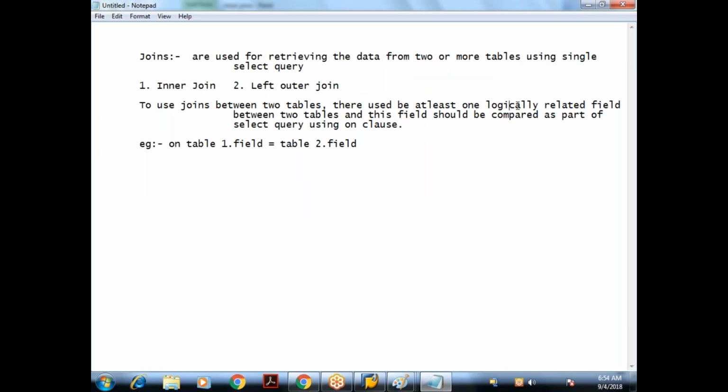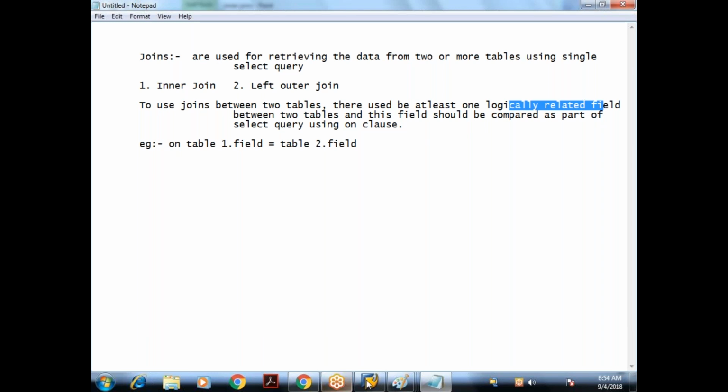Here also I said the two tables should have at least one logically related field. When I say logically related field, field names need not be the same, but the purpose of the field should be the same. In both the tables, that field should capture the same type of data.